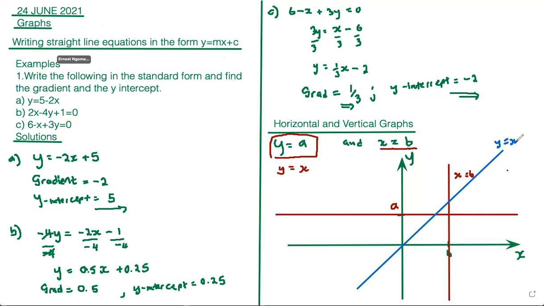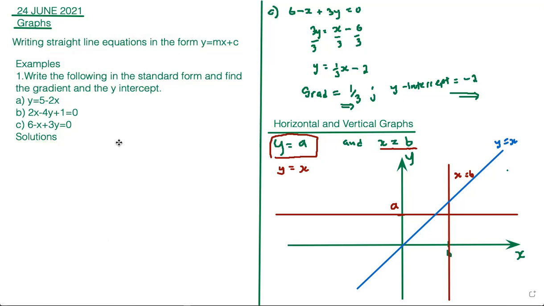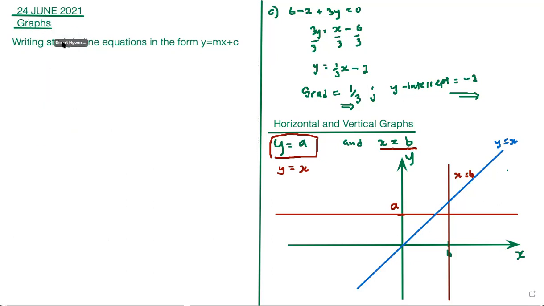So now we move on to curved graphs. These are quadratic graphs.